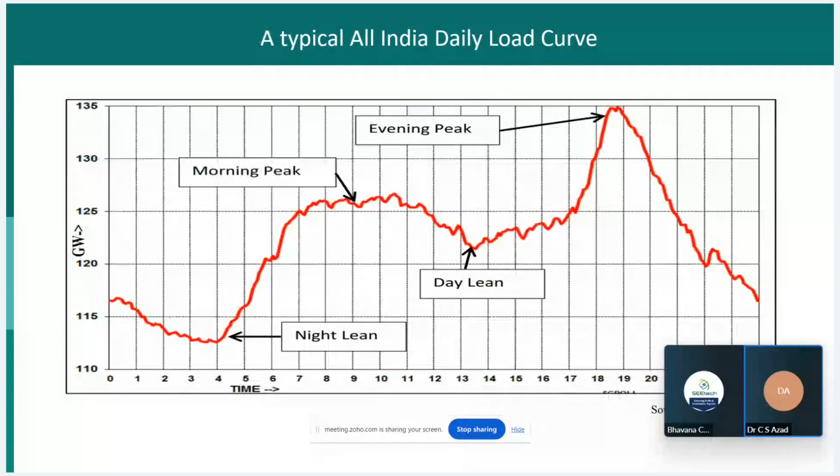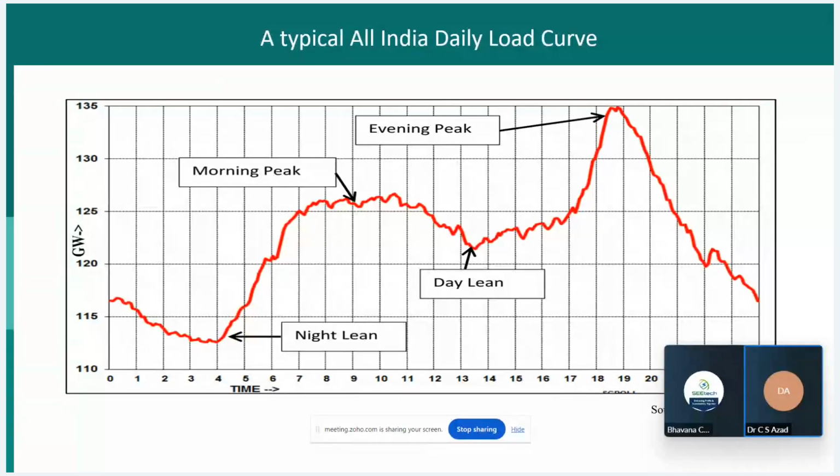Let us have a look at the All India daily load curve. Here you can see that this load varies during the time of the day. From 12 to 4 a.m. there is not much load because the residential loads are off and commercial loads are mostly off. Only some industrial load and street lights are there from 0 to 4.